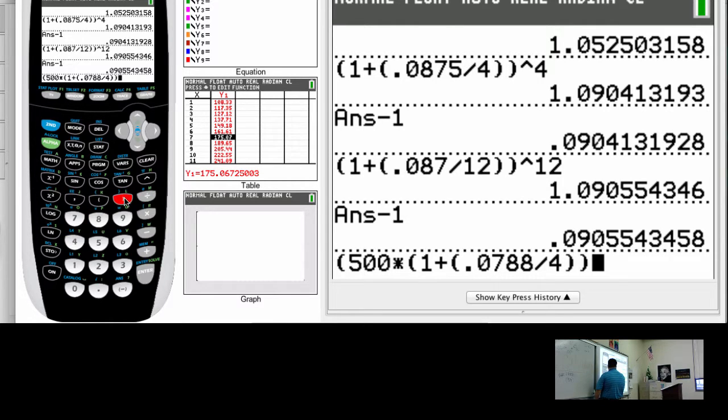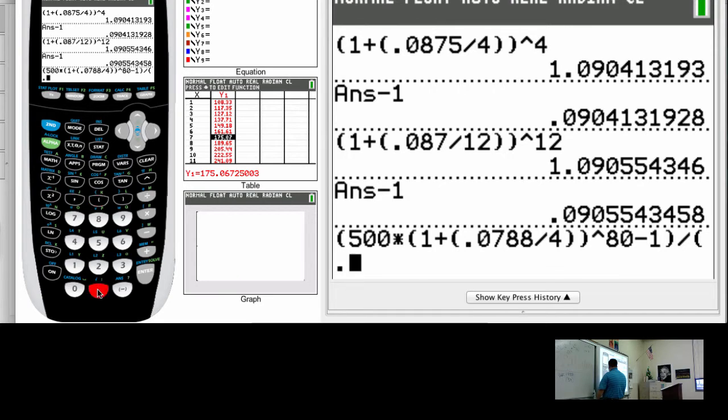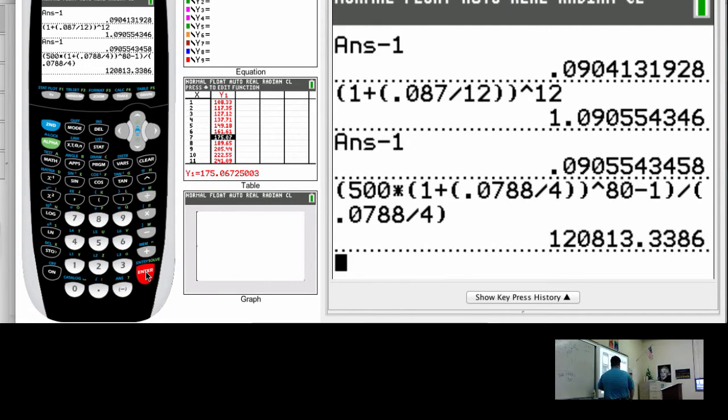Close parentheses, raised to the 80 minus 1. That's the numerator. You guys should have your calculators out and plug this along with me. Divided by, on the bottom, this is the denominator, open parentheses, 0.0788 divided by 4, close parentheses, boom. That's the answer.